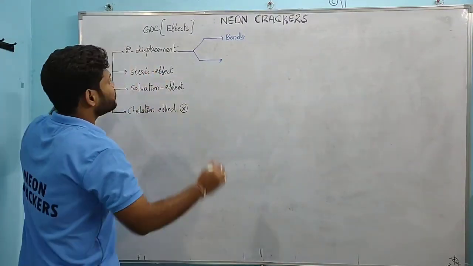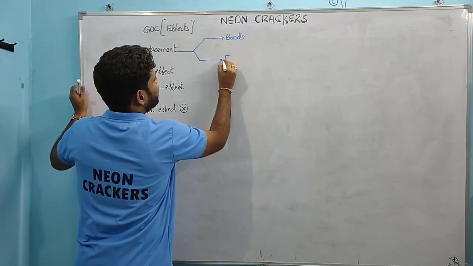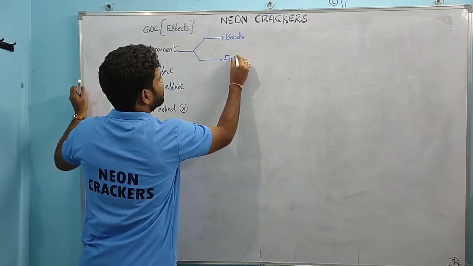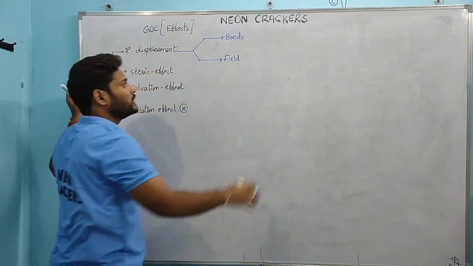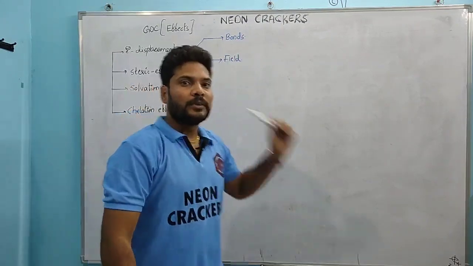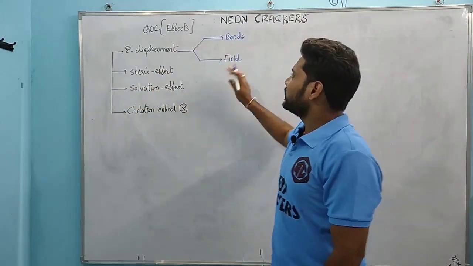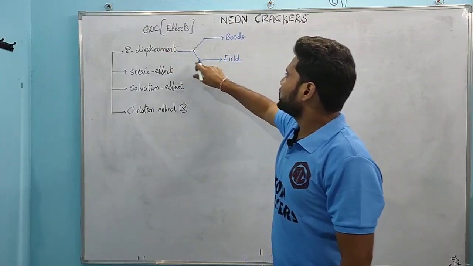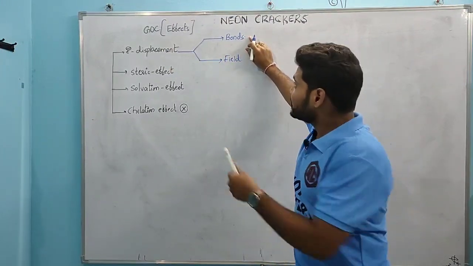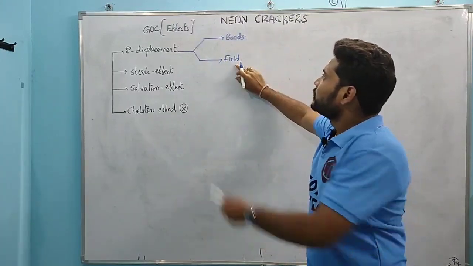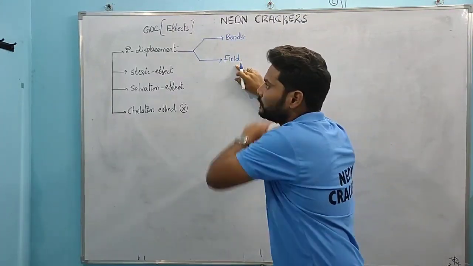The second is through field effect. This also we are not considering, we consider only through bonds, and that is absolutely wrong. We must consider each and every factor. Electronic displacement is divided into two types: through bonds electron displacement, and through field effect, which is called field effect.